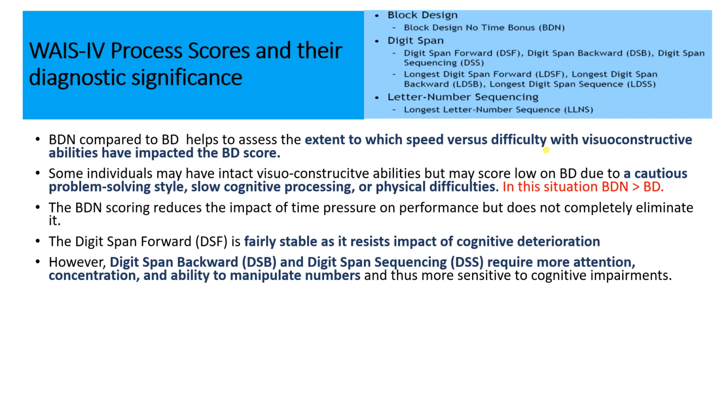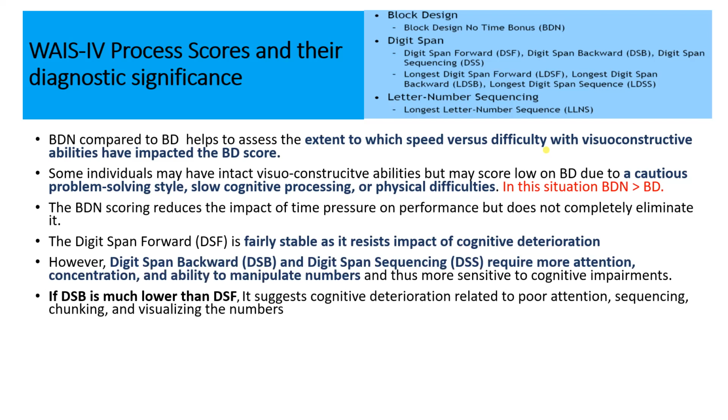However, digit span backward and digit span sequencing require more concentration, more attention, and the ability to manipulate numbers and more working memory demand, and thus they are more sensitive to cognitive impairments.